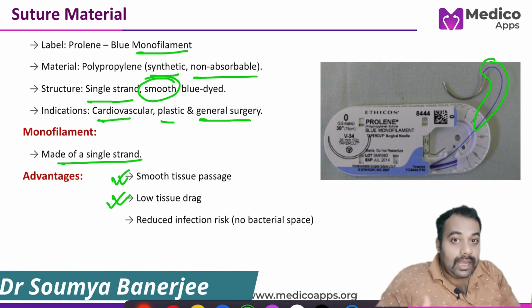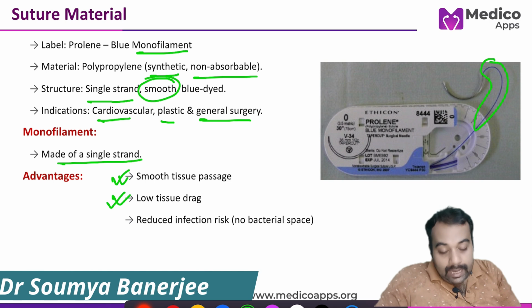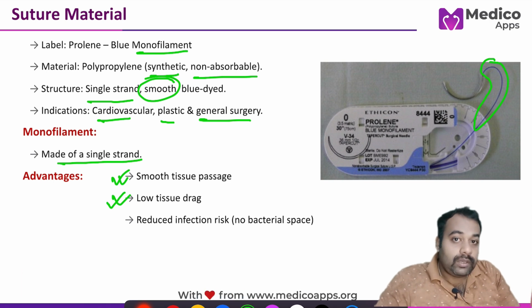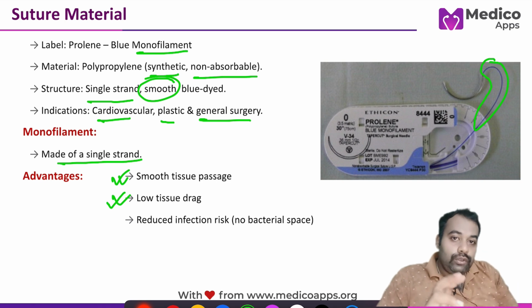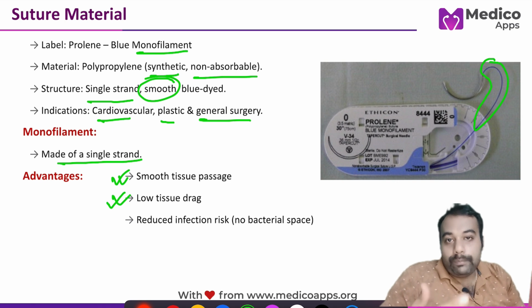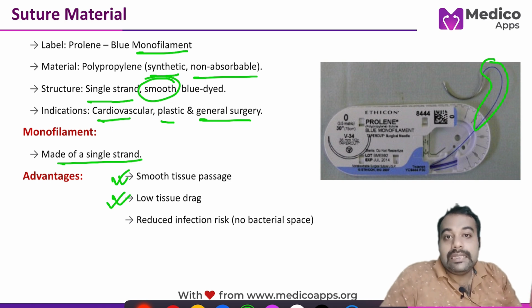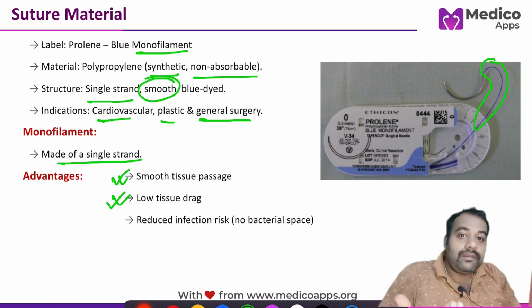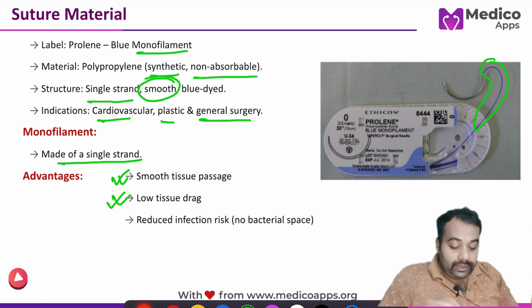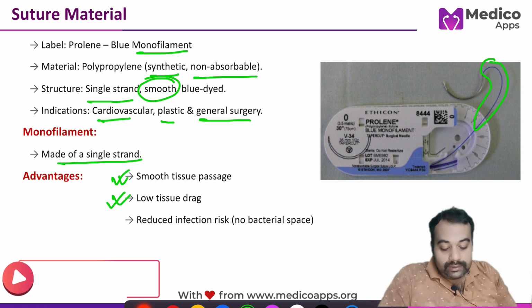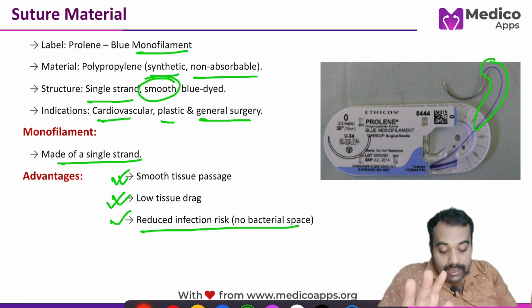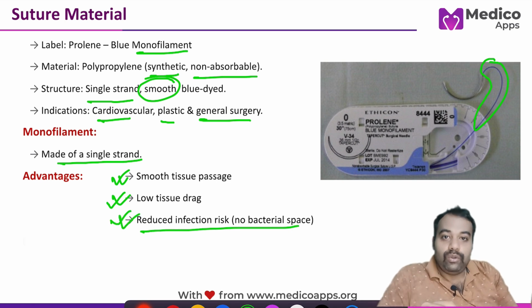And as it is a monofilament, not a polyfilament, what happens in polyfilament suture is that between the filaments there is space for bacteria to get deposited, which increases the risk of bacterial infection. But here, my friend, it's a monofilament, so the chance of infection is pretty low.